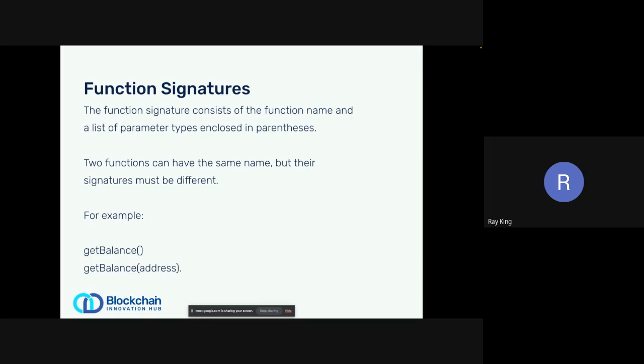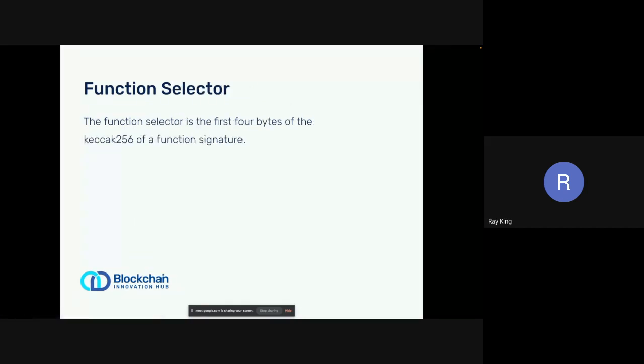If you want to name your function getBalance, you can actually name 2 functions getBalance. But in terms of your parameters, what you pass into the parentheses, it has to be different. So this is where function signature comes in. We would look at the practical aspects later on after this.